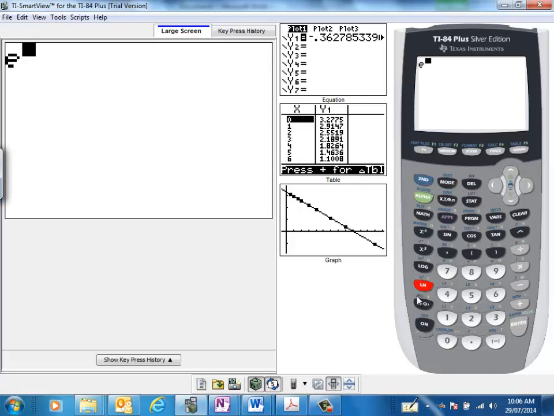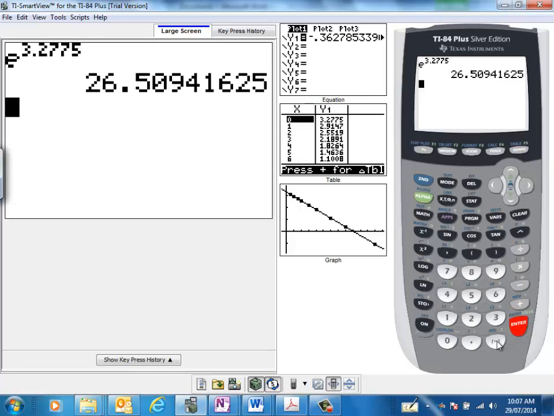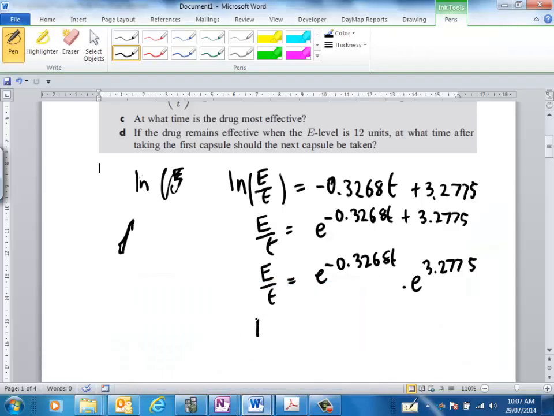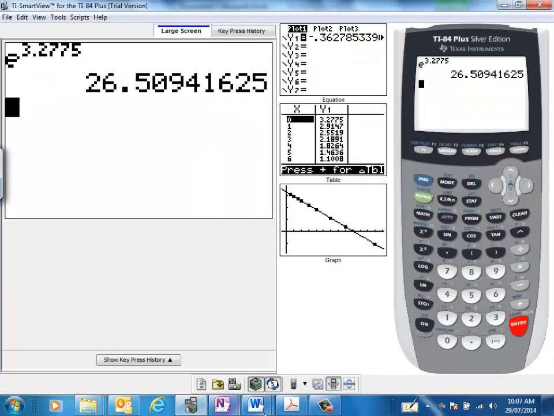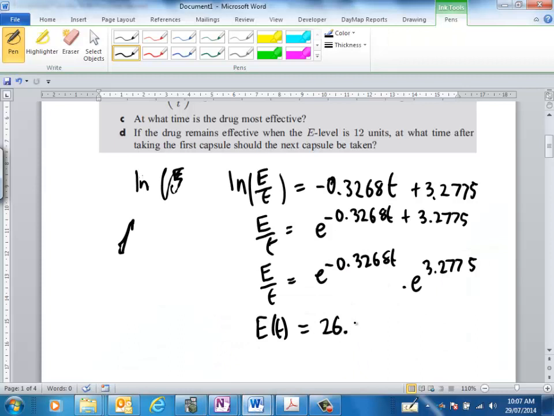If I do that on my calculator, I'll quit out of there. I've got e to the 3.2775, which is actually equal to 26.509. So I can now write my function: E as a function of t is equal to 26.509 times t times e to the negative 0.3268t.